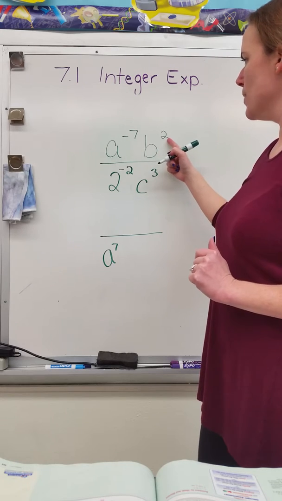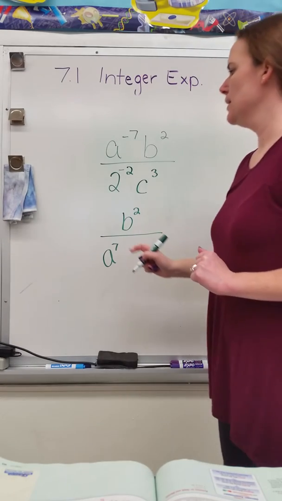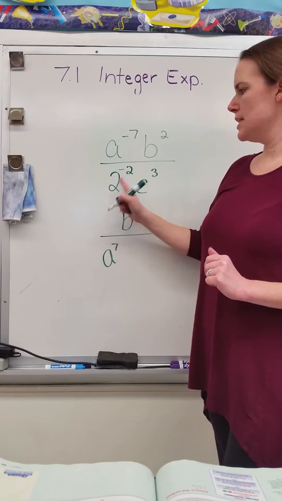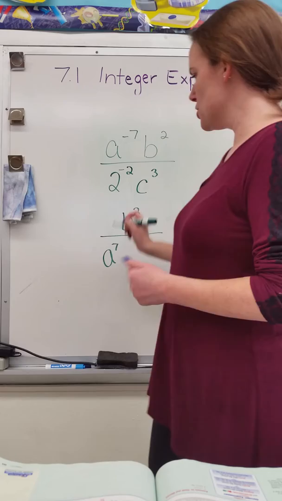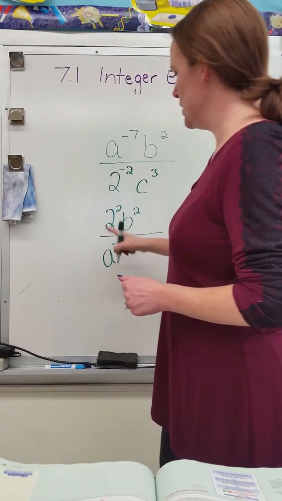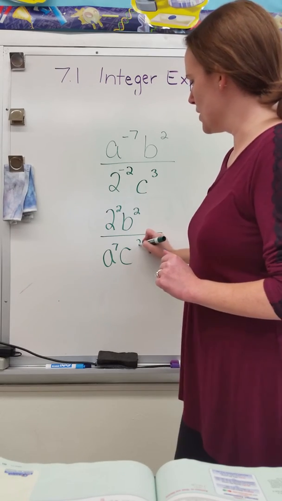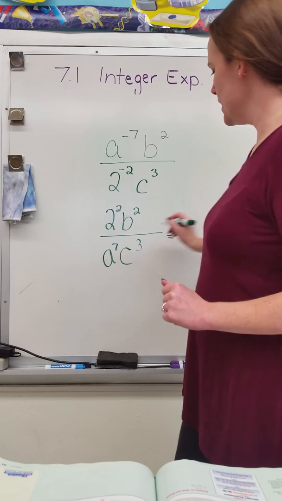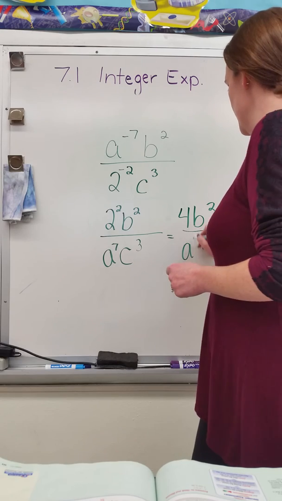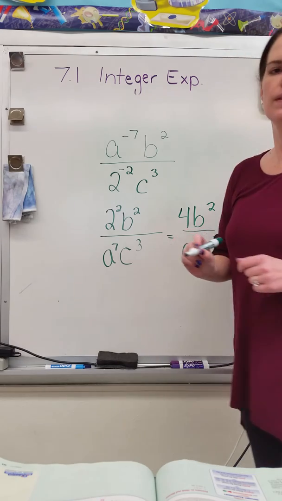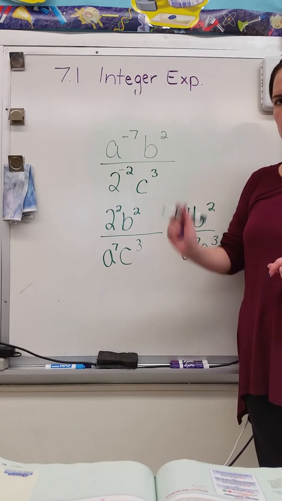This b squared is going to stay up here. This 2 to the negative 2 that originally is in the bottom is going to be 2 to the positive 2 and move up top. This c to the 3rd is going to stay down here. You could then simplify, since 2 squared is just 4. You could rewrite it like this. And that's basically how negative exponents work. You're really just moving things up or down.